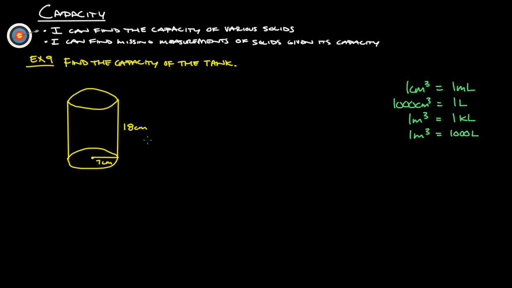All right, example 9. Find the capacity of the tank. So really what we want to do is find the volume of the tank. Volume is going to be the area of the base times the height. In this case, the base is a circle, so it's pi r squared times the height. The radius of this thing is 7 squared times the height is 18.